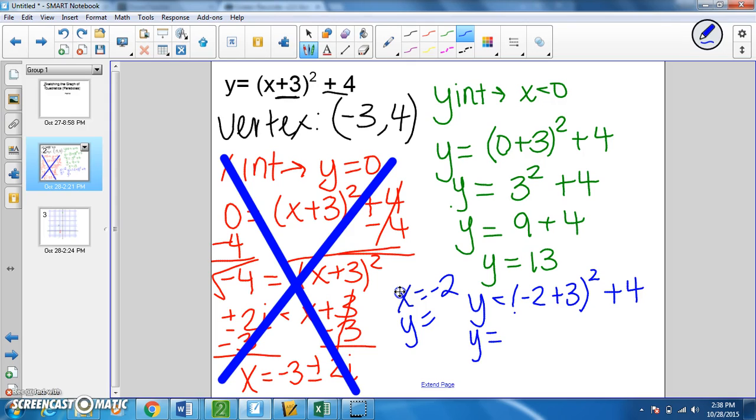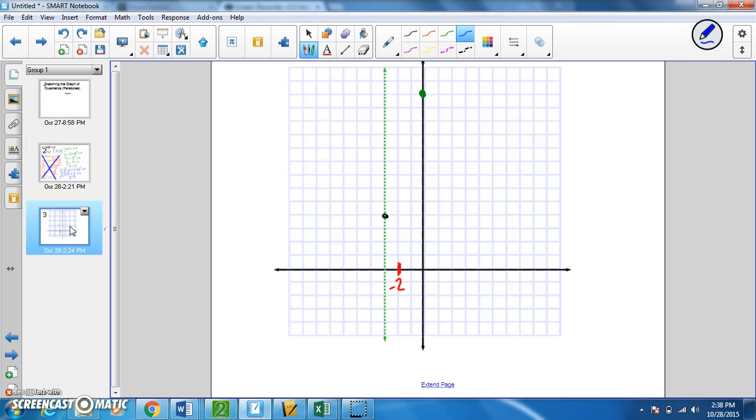So y is equal to -2 plus 3 is 1. 1 squared is 1 plus 4. Y is equal to 5. So now we have the point -2, 5 on our parabola, and we can graph that. We go -2 up 5.